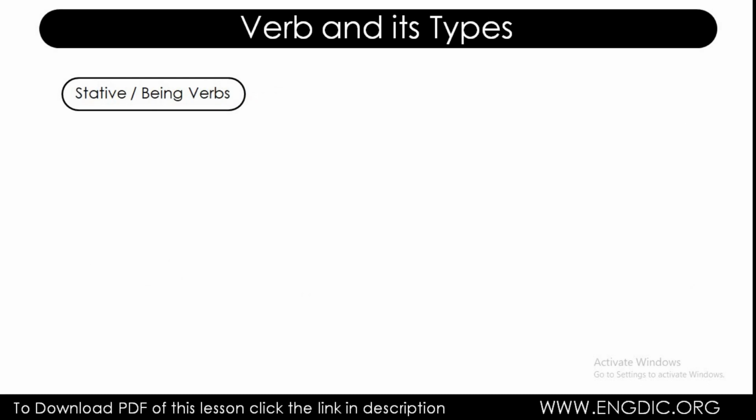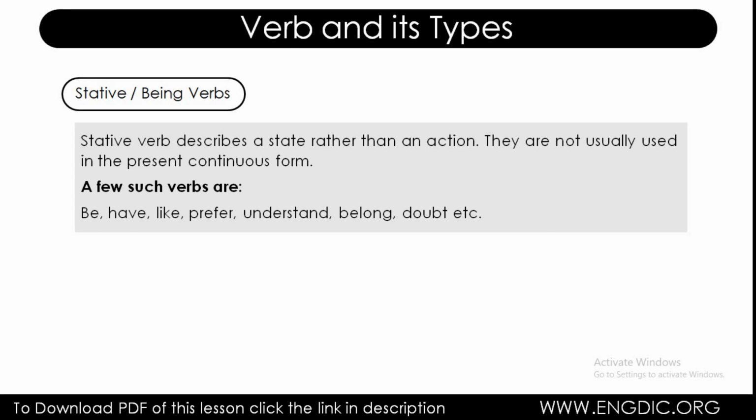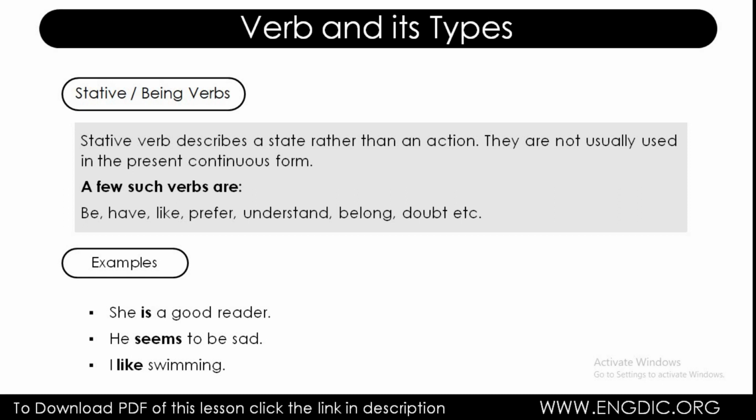Moving towards the next type, which is stative verbs. Stative verbs are also known as being verbs. A stative verb describes a state rather than an action. They are not usually used in the present continuous form. A few such verbs are be, have, like, prefer, understand, belong, doubt, etc. For example, she is a good reader.